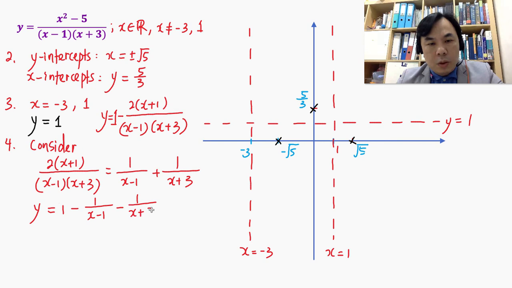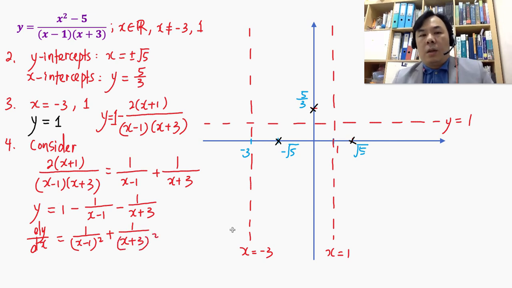Now for that, our y is equal to 1 minus 1 over (x minus 1) minus 1 over (x plus 3). Okay. Now our first derivative will be 1 over (x minus 1) squared plus 1 over (x plus 3) squared. Okay.